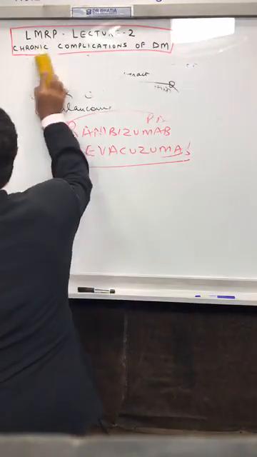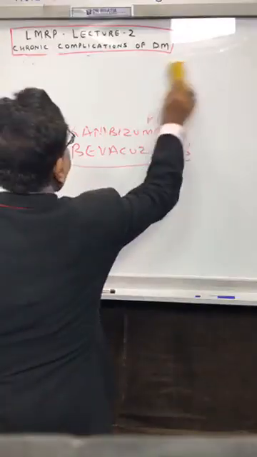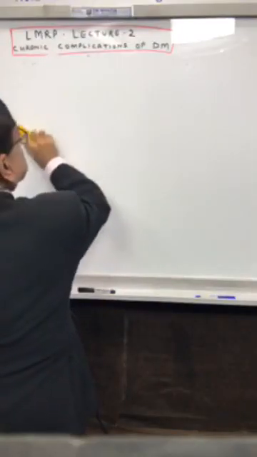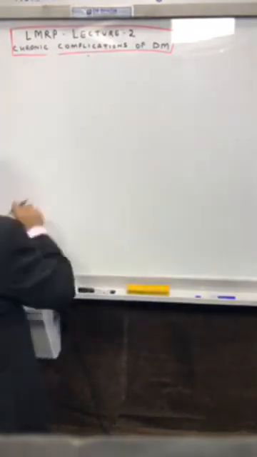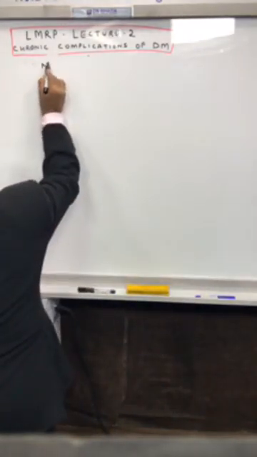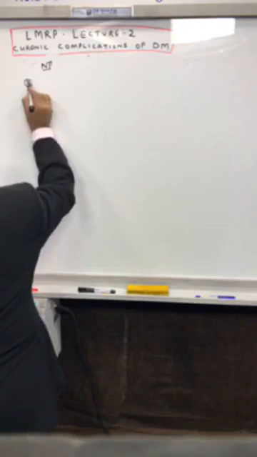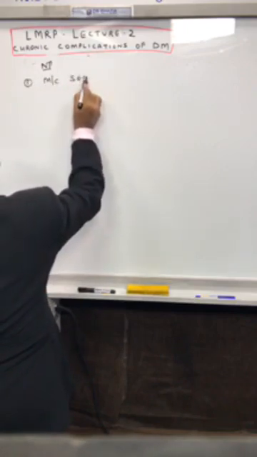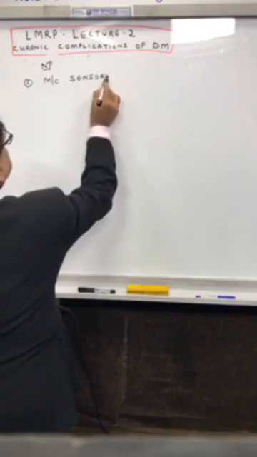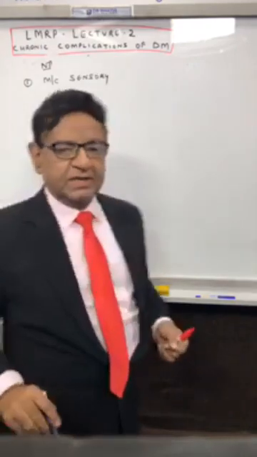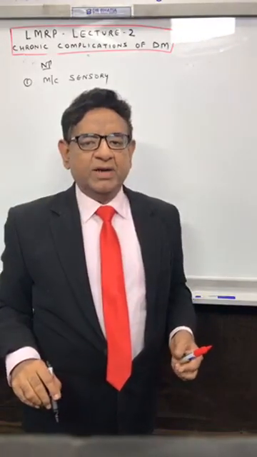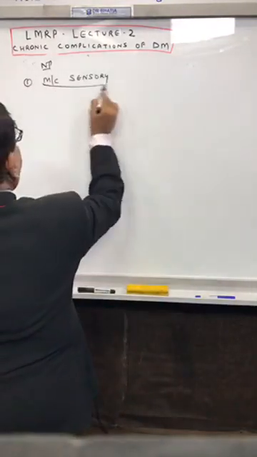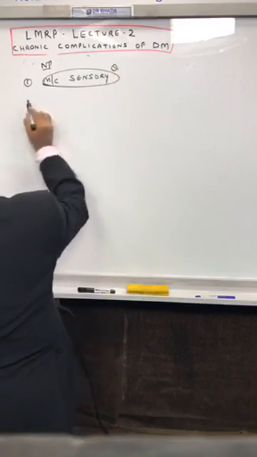Now we talk about diabetic neuropathy. Most common is sensory neuropathy. This is distal, where the patient complains of numbness, paresthesia, and this is the most common neuropathy.